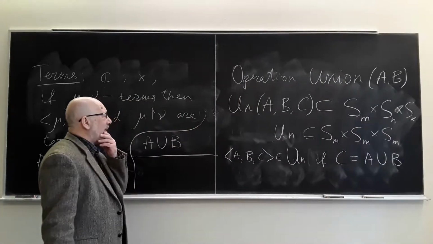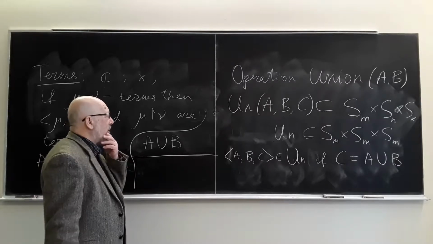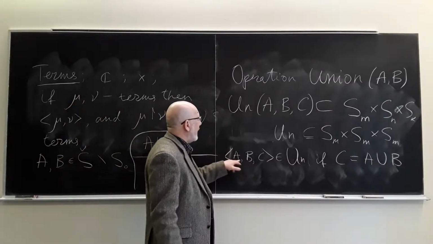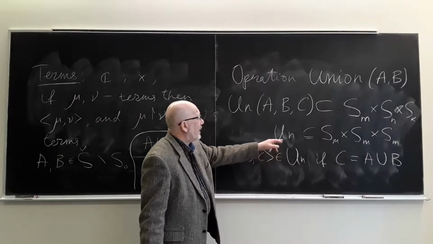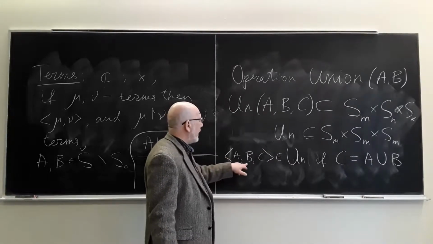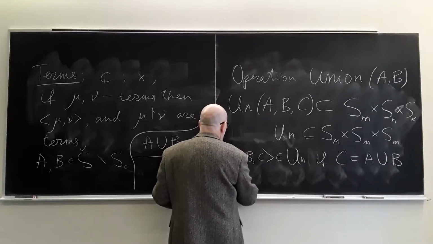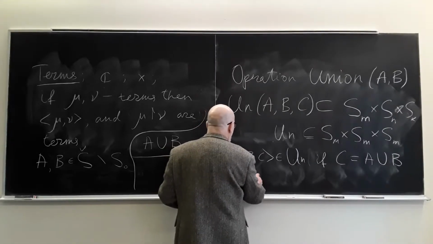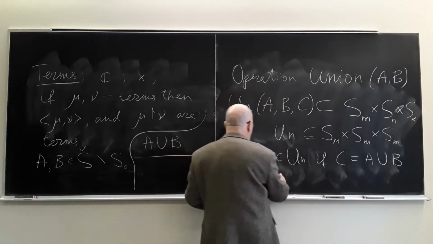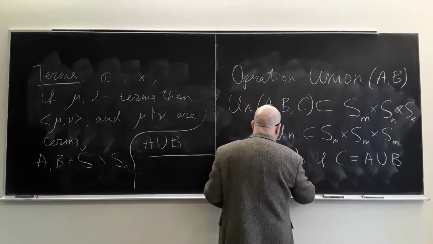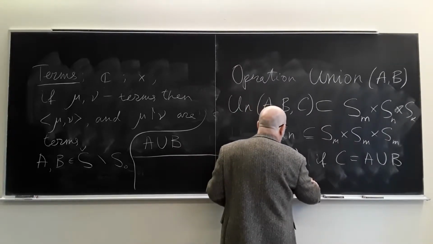So if A, B, C are in Sm, then the triple (A, B, C) is an element in Sm+4.